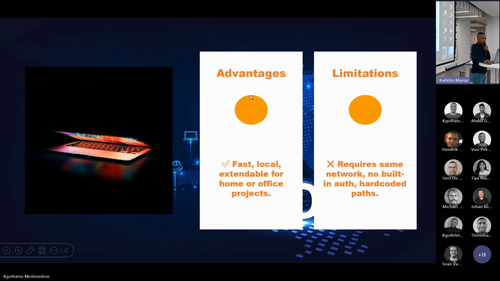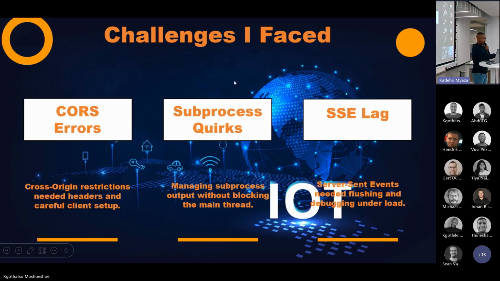The challenges that I faced were the CORS errors, which nearly broke my soul, and Flask subprocesses don't like blocking threads. Making SSE logs live without lag took effort. But each hurdle taught me something important in the real world of system integration.